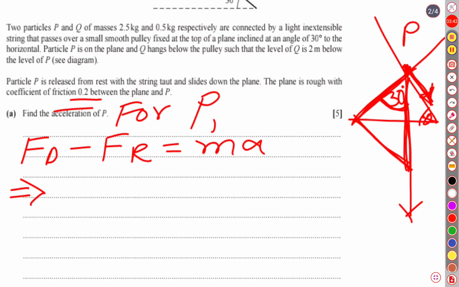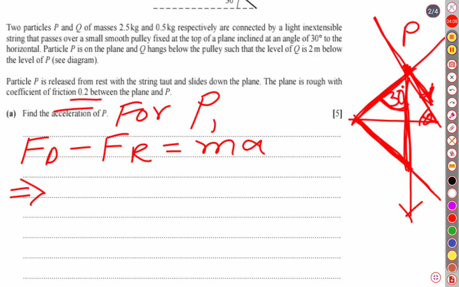So first of all, this weight will have to be resolved horizontally as well as vertically in terms of our plane. Look at this, this is our plane. This is the horizontal line.